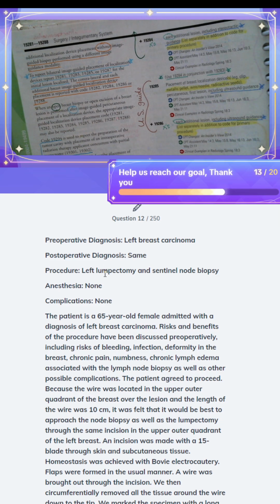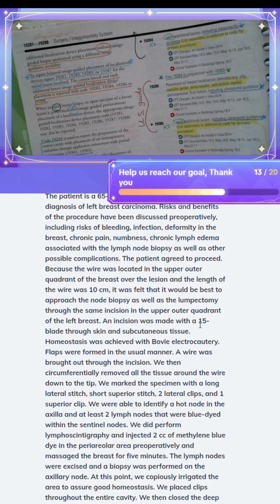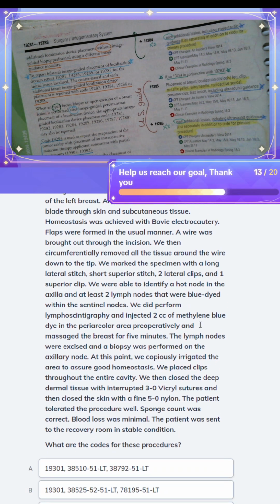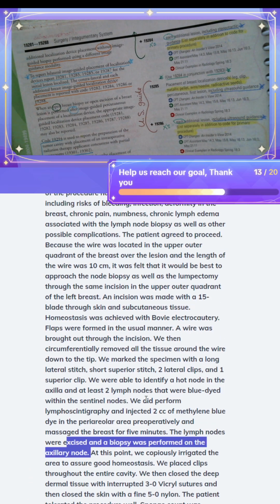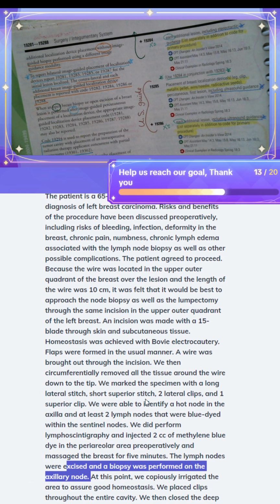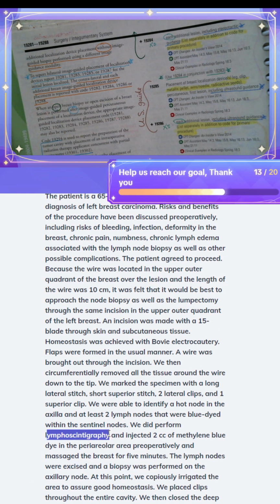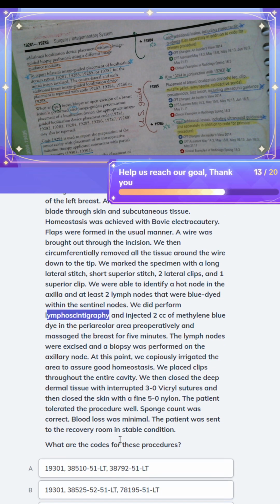Do we just remove a lump and do a biopsy? Or did we do a whole mastectomy, where we excised a biopsy on the axillary node? We removed some lymph nodes, it looks like, too.